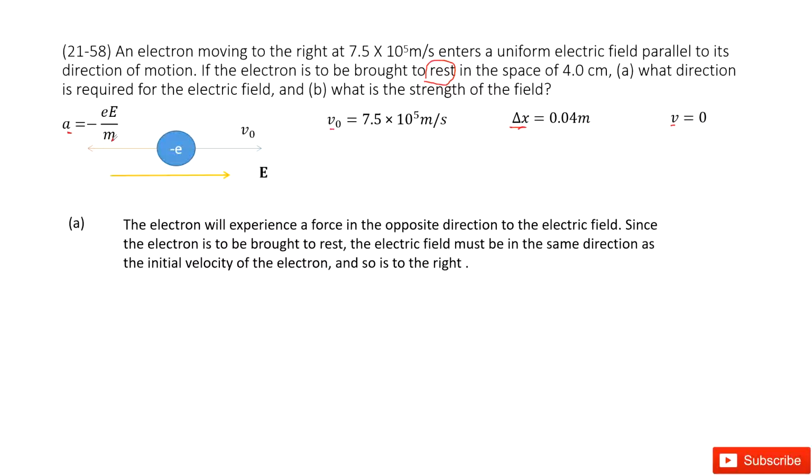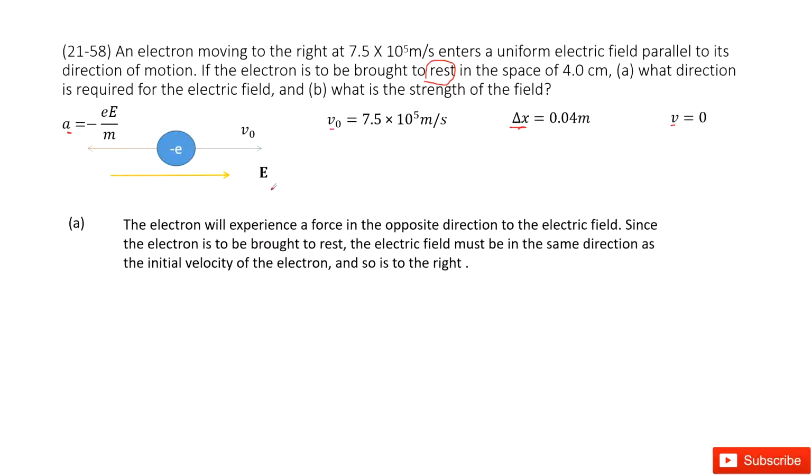And this charge is a negative charge. So you can see, the negative charge times the electric field must give a force to the left. That means the electric field must be to the right. Agree? Yes.